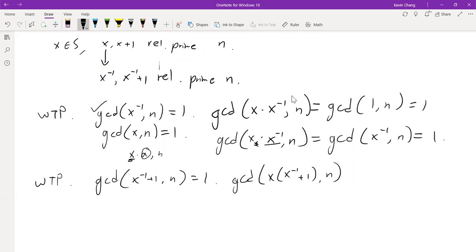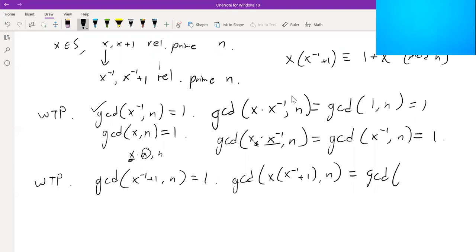And inside modular arithmetic, this expression would be congruent to, because we just distribute these, x times x to the minus 1, that's 1, plus x times 1 is just x mod n. So this is just going to be equal to the GCD of x plus 1 comma n.